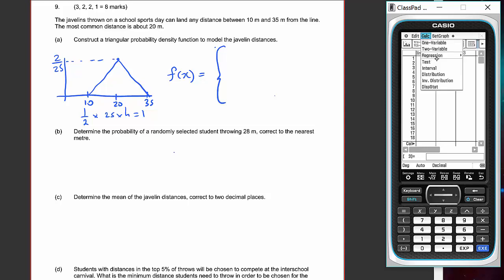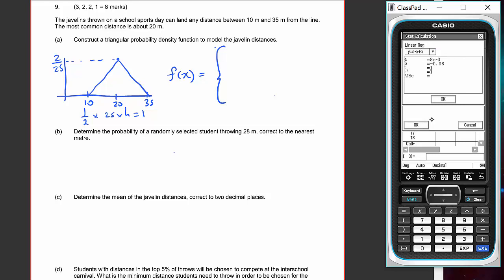And so then we can go calc, regression, linear regression, click OK on that, and that would give me 0.008x take away 0.08. And we know that is with x between 10 and 20.